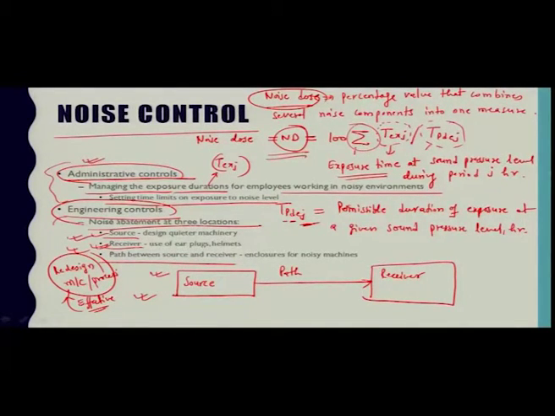The machine or process has been designed to accomplish a given function. So, if noise is coming, it means that noise will also be responsible for wear and tear of that particular machine.